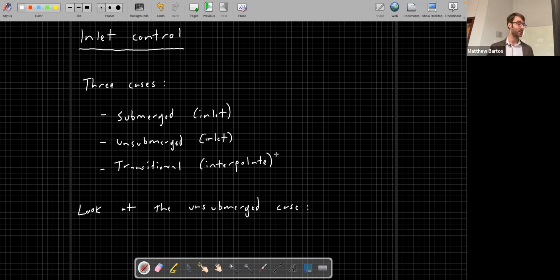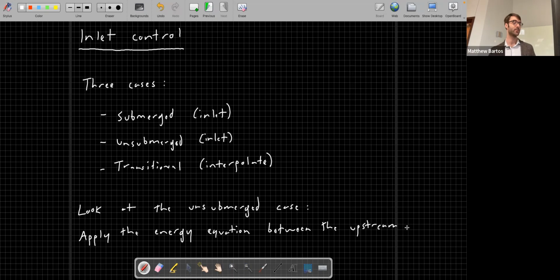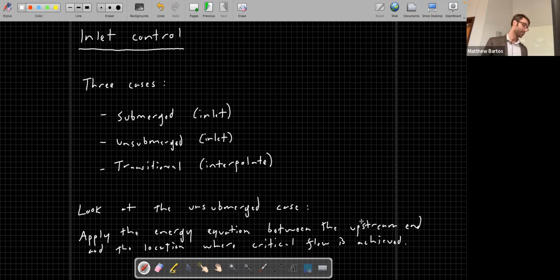And what we're going to do is apply the energy equation between the upstream end of the culvert and the location where critical flow is achieved.